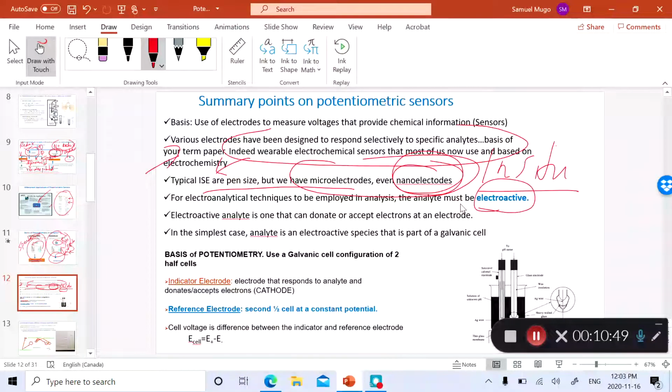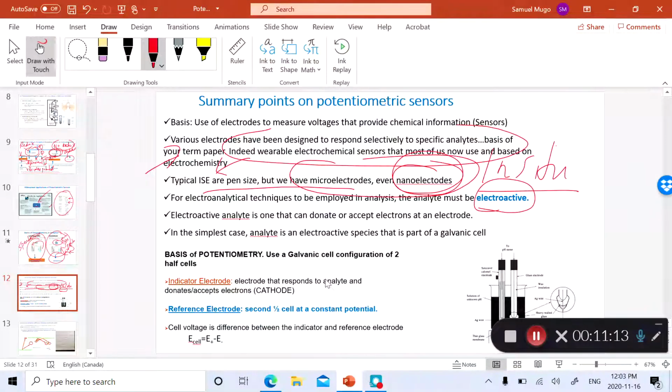What electroactive means is that the analyte is prone to undergo oxidation or reduction. So that's one requirement of classical potentiometry. However, when you're doing non-classical potentiometry, the ion selective electrodes, essentially for any type of analyte you can fabricate an ion selective electrode.